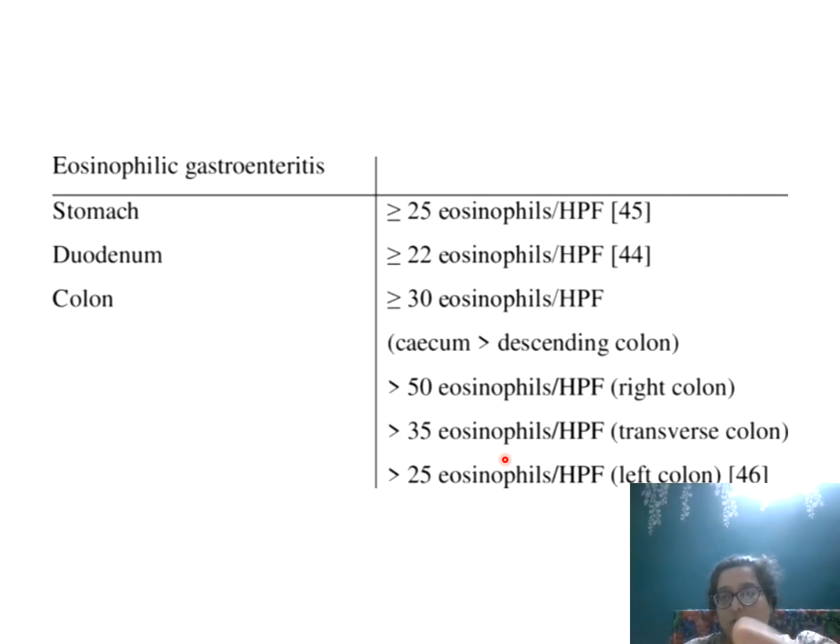If it is the mid intestine, up to 30 to 35 eosinophils are normal. If it is the upper GI, 15 to 25 eosinophils are normal. Beyond that, and with cryptitis, degranulation, etc., you think of an allergic or eosinophilic disorder. Okay, so these have been revised, so just don't look at this. Okay.